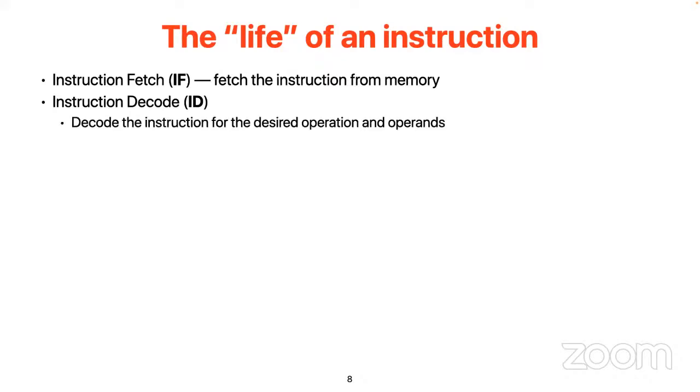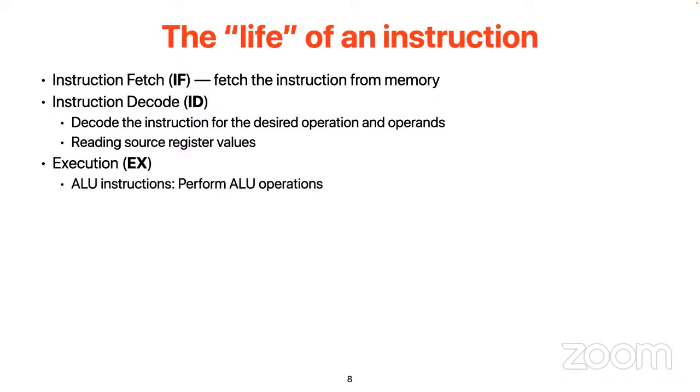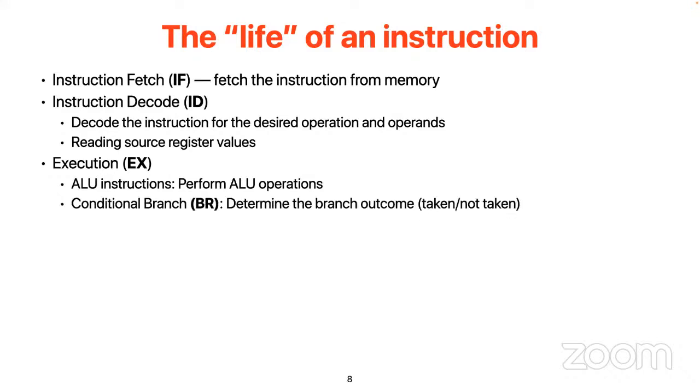So you have to decode, and you have to prepare those register values. And when you want to execute the instructions, depending on what kind of instruction, you may use different parts of your hardware. So for example, for an ALU instruction, you will have your ALU read those register values and perform operations.